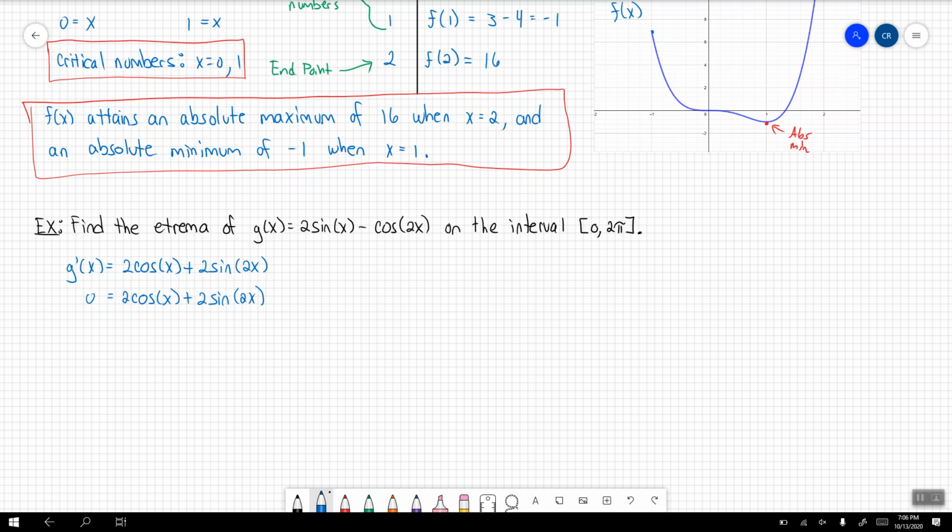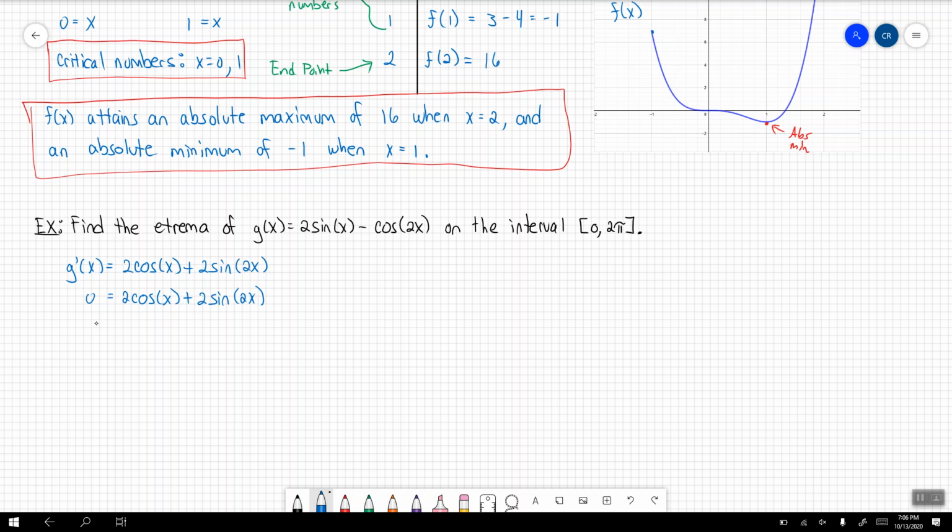So far we get this. Now we have to dip into our trigonometry bag of tools. What we're going to do is try to see if we can manipulate this equation so that we can solve for x.